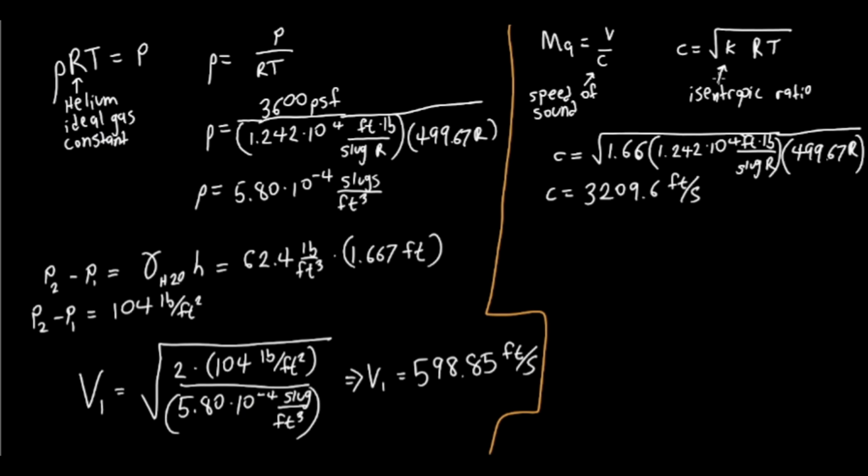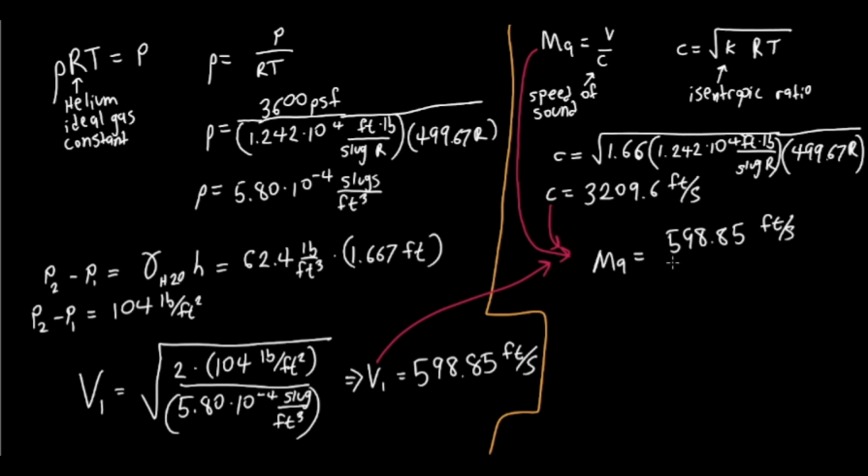And with that, we can take both of these. We can bring this down and our C, and then solve. Well, actually, we're also going to need this velocity. So Mach number is equal to 598.85 feet per second all over 3209.6 feet per second.